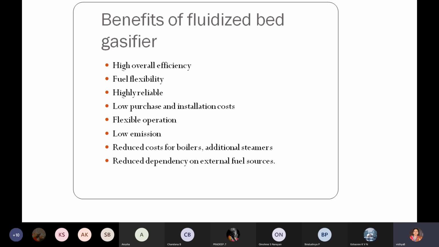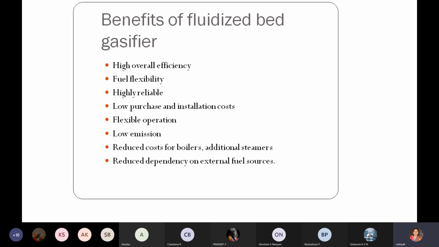Whatever fuel we feed, it will operate satisfactorily. The various types of fuels generally available around lumber mills can be used in fluid bed gasifiers with good results. Whatever the fuel, it will operate properly and the expected result will be good.